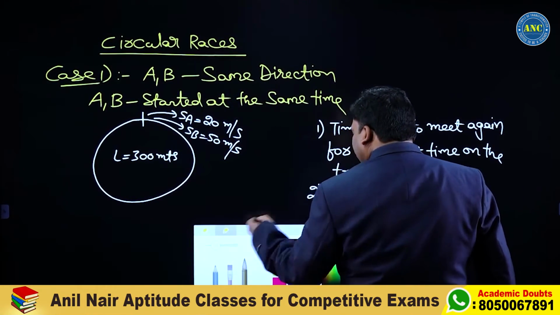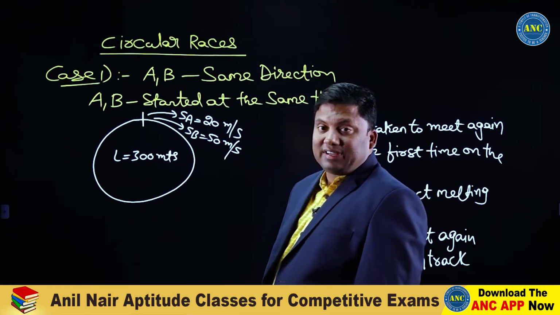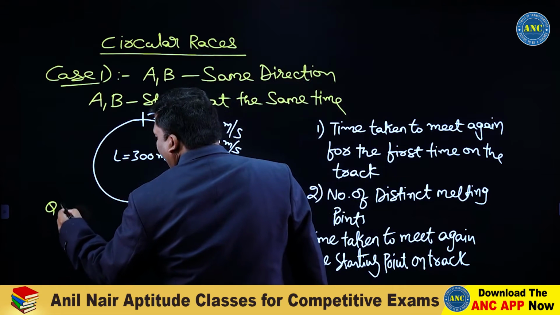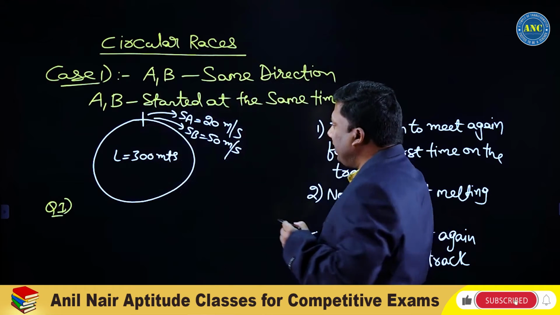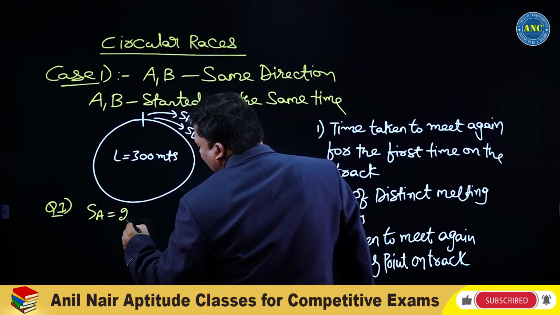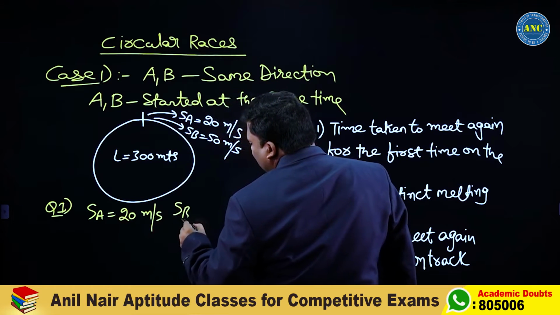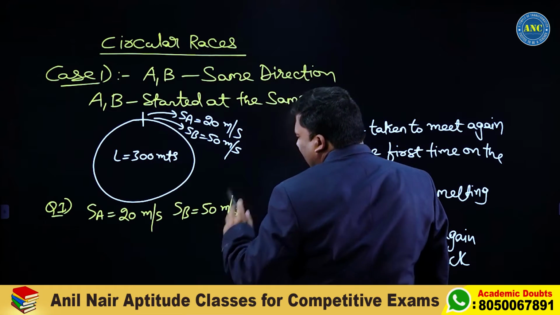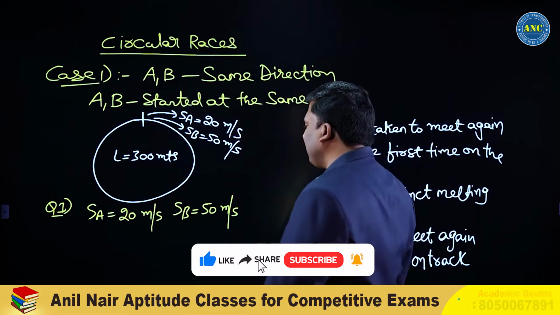Write first one. This is the circular track and the length of the track is given as 300 meters. Question 1. What are the speeds? Speed of A is 20 meters per second. Speed of B is 50 meters per second.